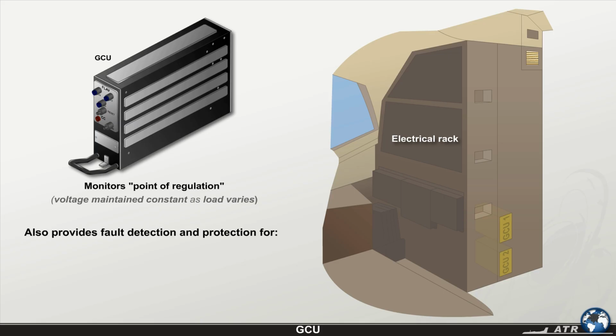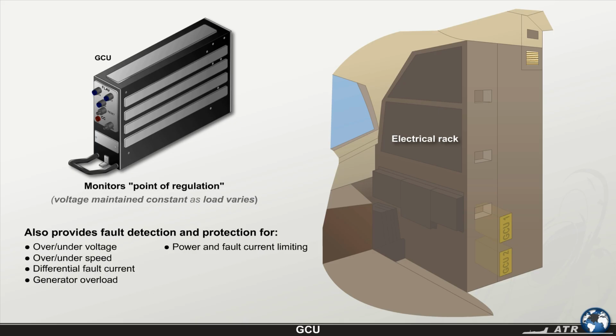It also provides fault detection and protection for over or under voltage, over or under speed, differential fault current, generator overload, power and fault current limiting, bus tie lockout, reverse current, and equalizing load in case of bus tie contactor failed closed.